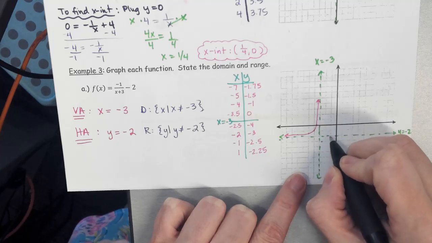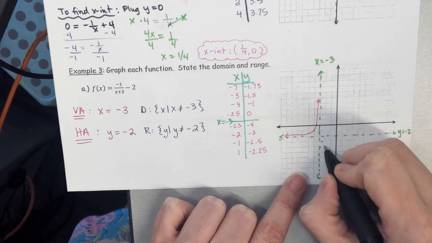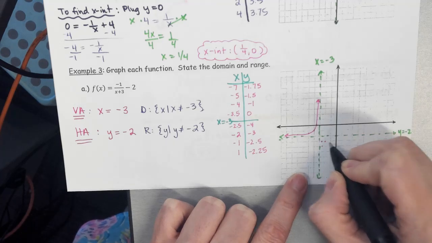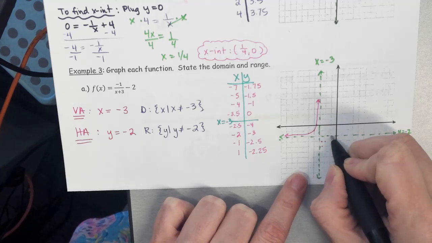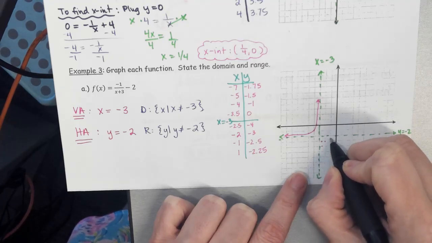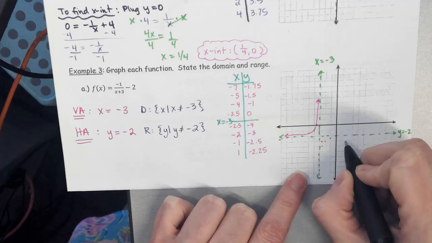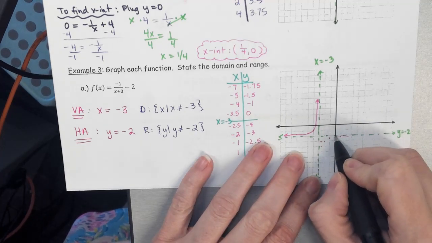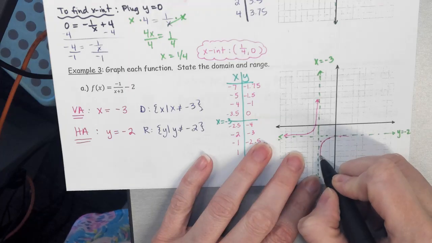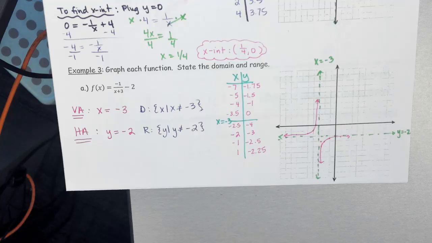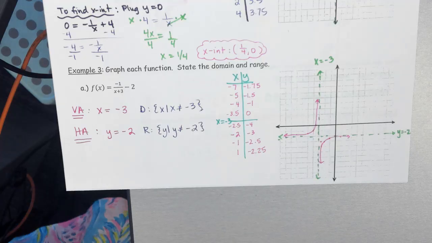At -2 and at -3. At -1 at -2.5. And then you have your 2 branches there.